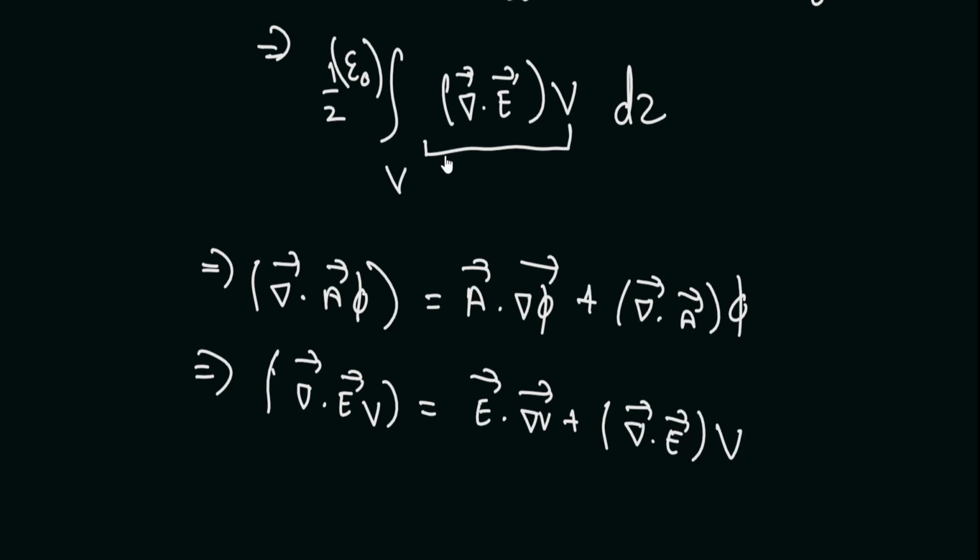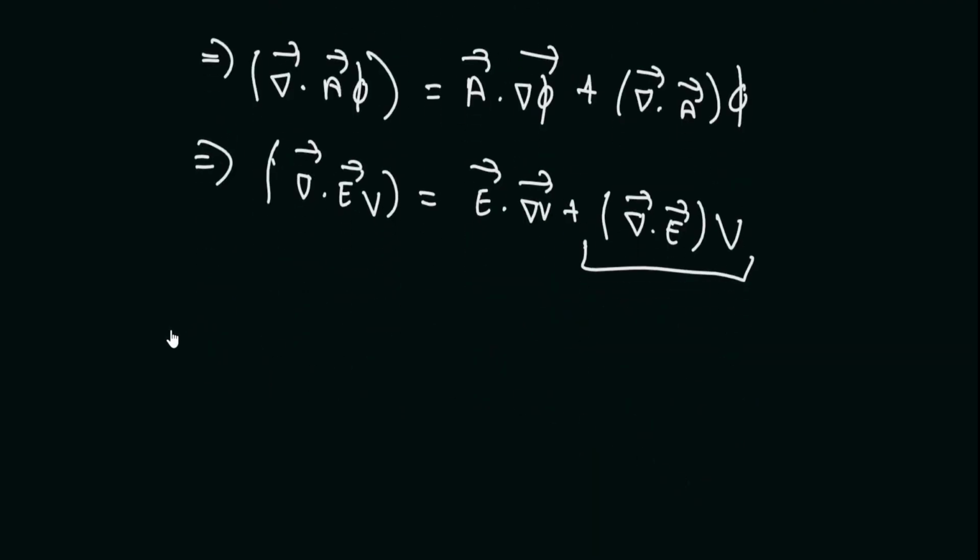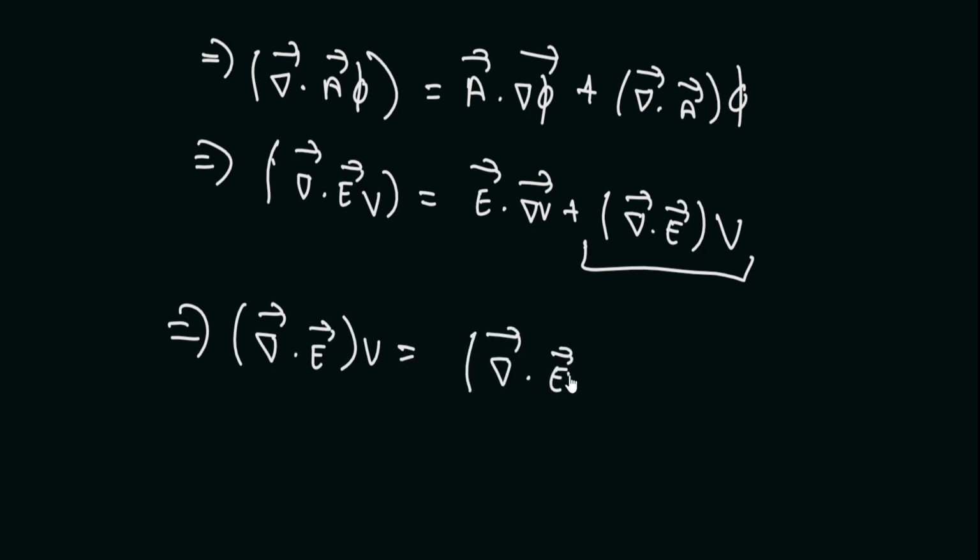Now notice that this is what this term is, this term over here. So we can further write it as divergence of electric field times the potential is equal to divergence of electric field times V minus the electric field dot the gradient of the potential.